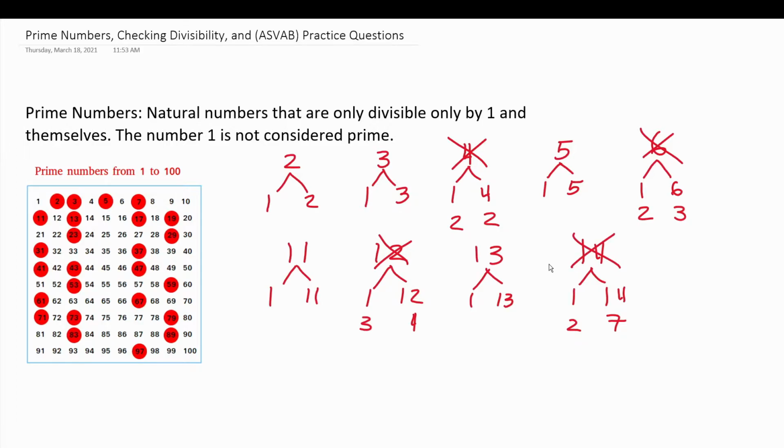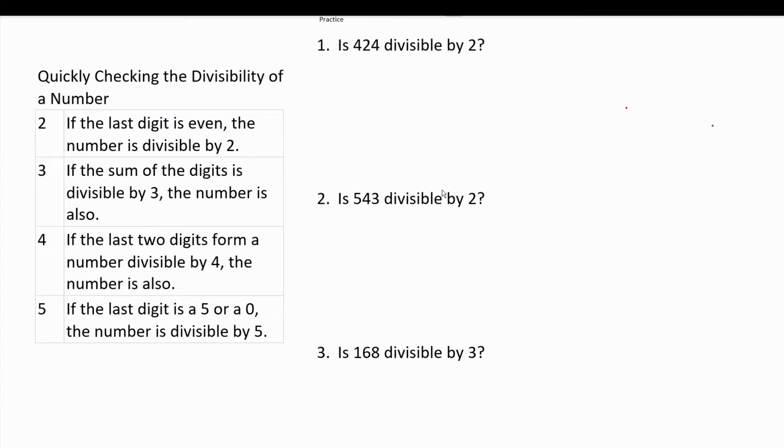All right, so with this in mind, let's talk about some rules that we can use to quickly check the divisibility of a number, which will enable us, as you'll see in just a few minutes, to determine whether a number is prime or not. Before we talk about how to quickly check the divisibility of a number, let me tie these two concepts together.